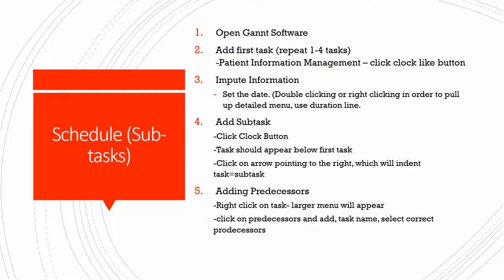The larger detailed menu will appear, and you're going to click to the right, and it should be the second or third option. I'll have it pictured for you guys. And you're going to click on predecessors. You're going to add. It'll have a drop-down box, and you guys should be able to select whatever predecessor is needed for that specific task. And then from there, you can just press OK, and it'll make sure that that task has been an option for the predecessor.